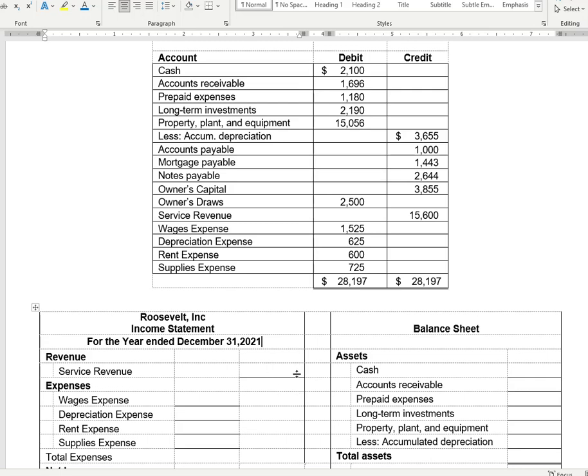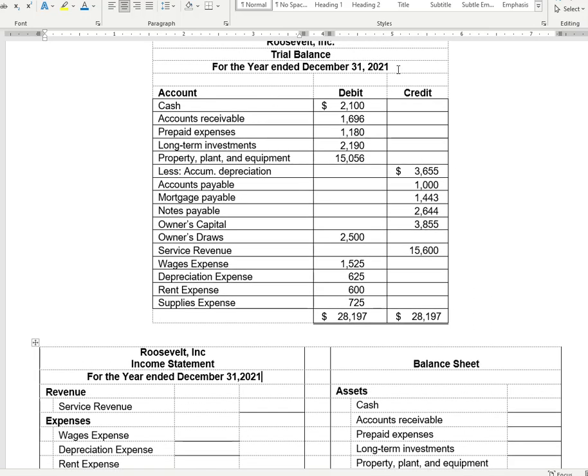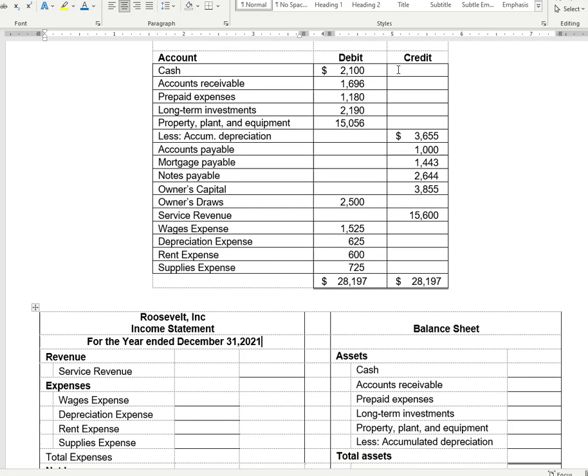Okay, so we're going to highlight each number as we use it. This is our trial balance, so it's all of our accounts, and the ending balance is as of December 31st, 2021. So we have to use every one of these accounts. I'll highlight them to make sure we include them someplace.